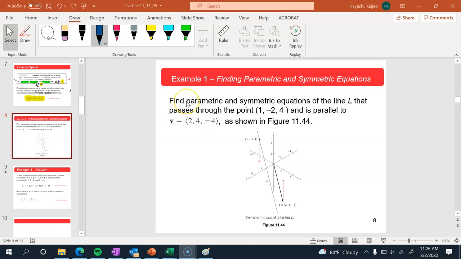Okay. So we'll find a way to describe this line right here. We know a single point that it goes through, a single point that this line occupies. And we also know that the direction it's going can be described by the vector 2, 4, negative 4.